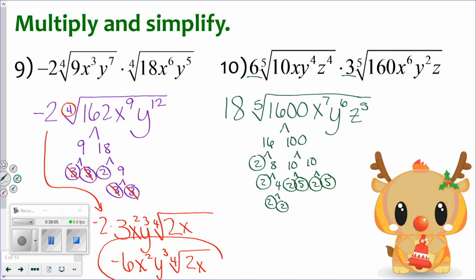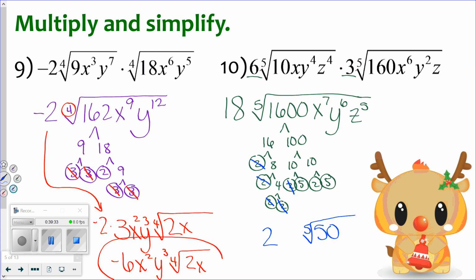All right. How many need to be in a group? 5. So 1, 2, 3, 4, 5. And then I'll have 5 of anything else. So my leftovers is going to be a 5, a 5, and a 2. That would be 50. Any leftovers get multiplied back together in the fridge. All right.